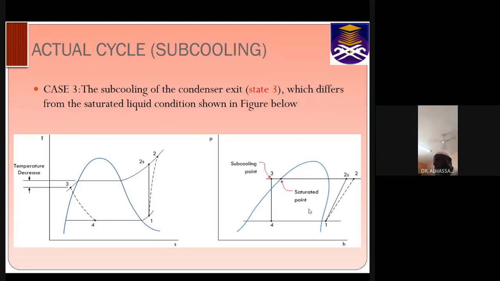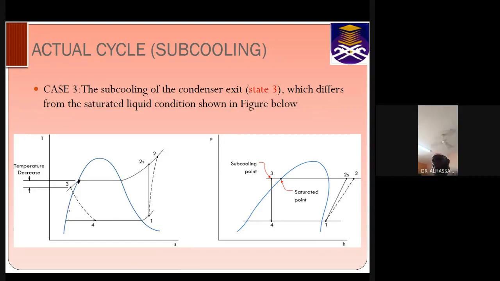Now, the next one is subcooling of the condenser exit. In the previous cycle, the fluid normally is cooled from superheated state up to saturated liquid state.